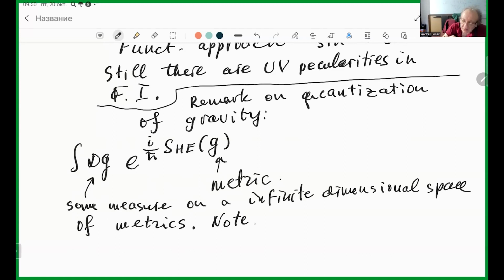Note that it is not just a product of dg mu nu.